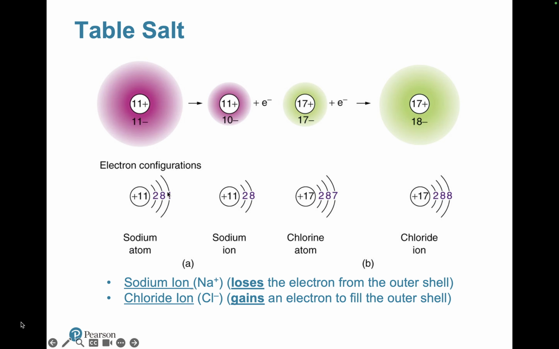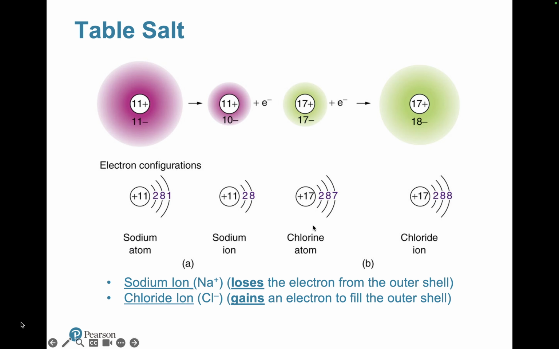Here's a sodium atom with an extra 1 electron. It gets rid of that 1 electron, so now it's got a full shell, right? It's also a +1 charge now, right? And then here's chlorine right here, and it accepts an extra electron from sodium, right? And so now it's got 8 in its outer shell. It's happy, and that's called the chloride ion, right?